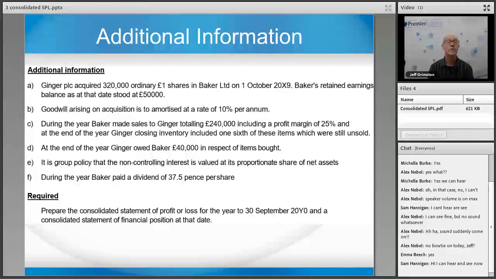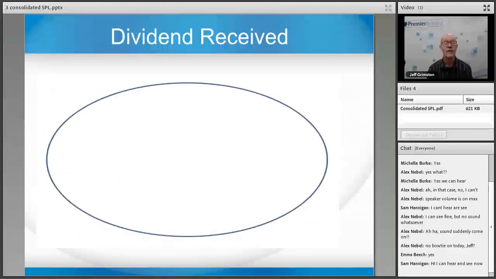A no, B no, C no, D no, E no. Item F. During the year, Baker paid a dividend of 37.5 pence per share. So the subsidiary has paid a dividend during the year. Now, next job, therefore, is what we need to do is work out what kind of a value that is.